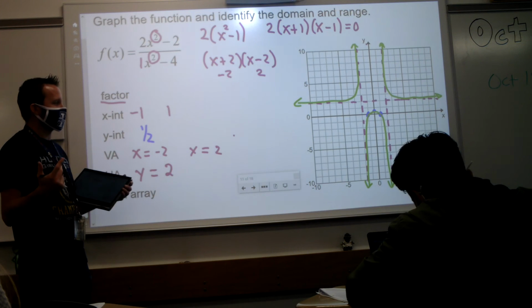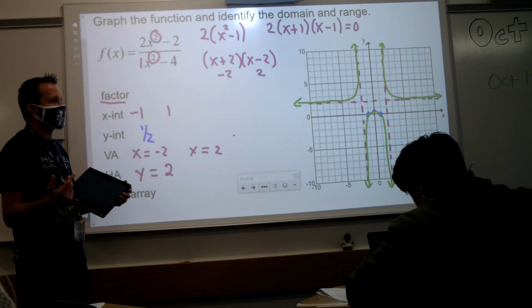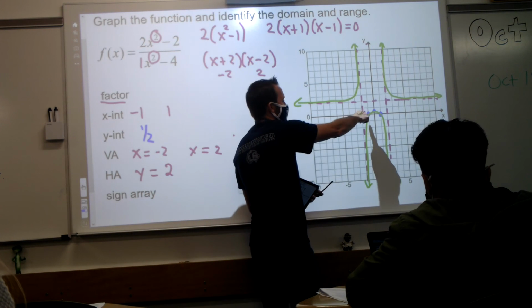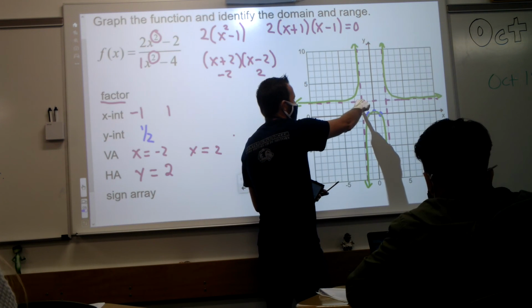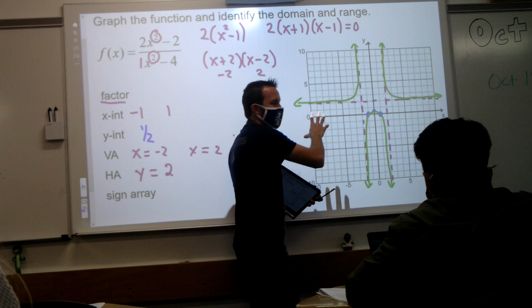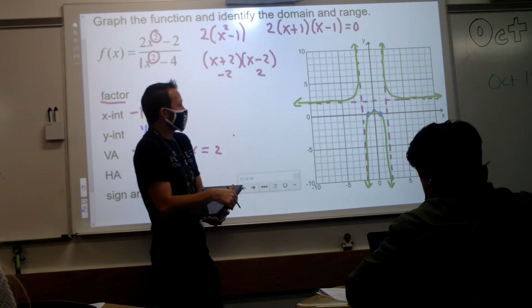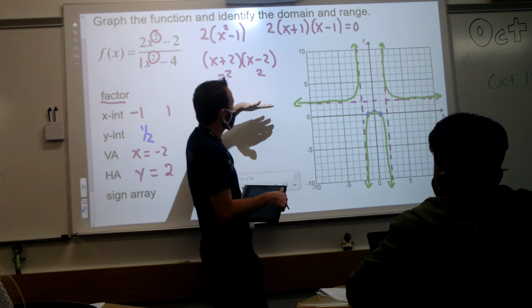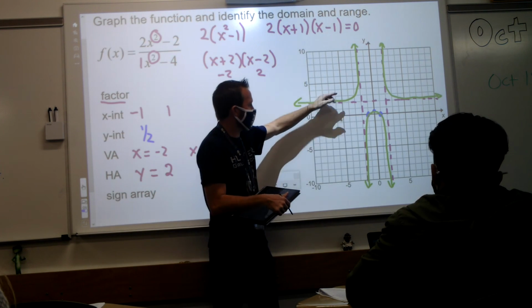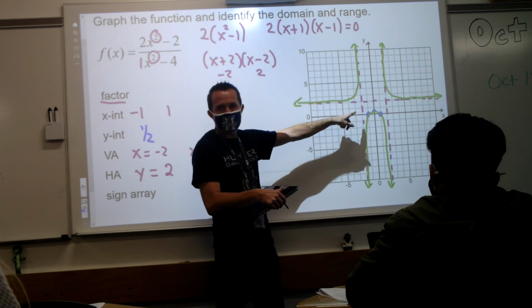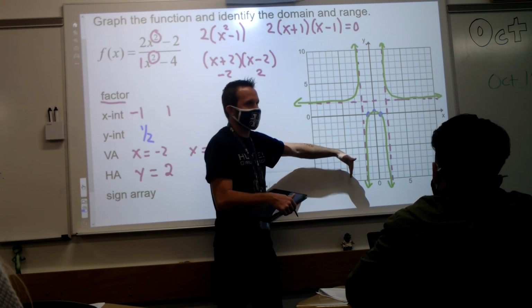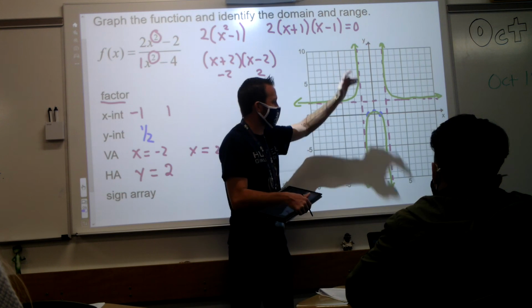Now if you're like, I still don't get how you knew it was there, you could still do a sign array, but now instead of saying is it positive or negative, you've got to say, is it higher than 2 or below 2? Now, there's another reason why I know this graph wasn't going like this. If it was going down, it would have to cross the x-axis, which would mean we would have an x-intercept. Is there an x-intercept right here? Nope, so that means it's above it.